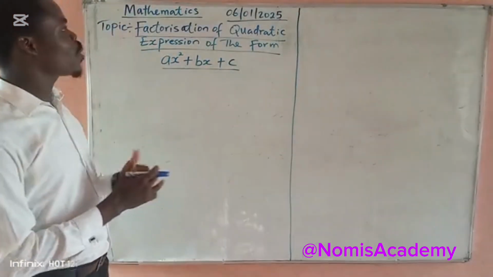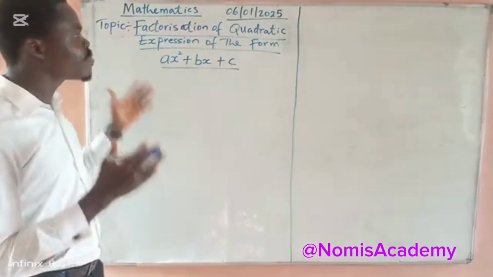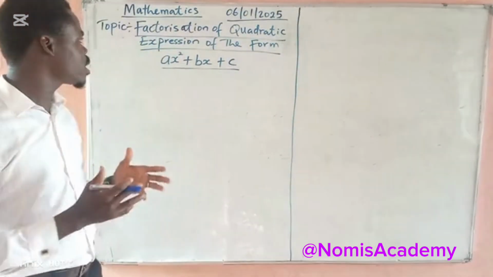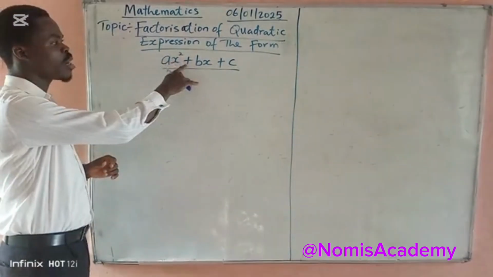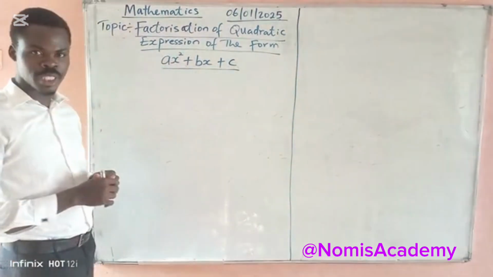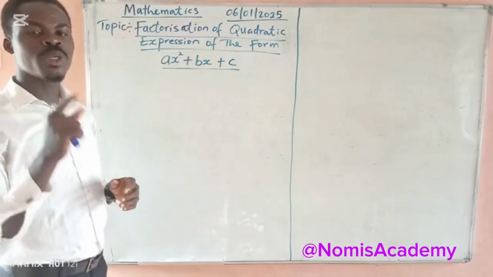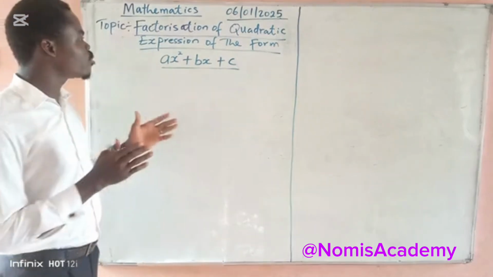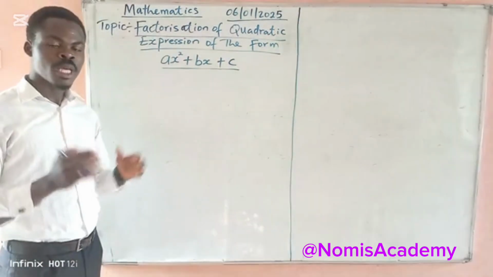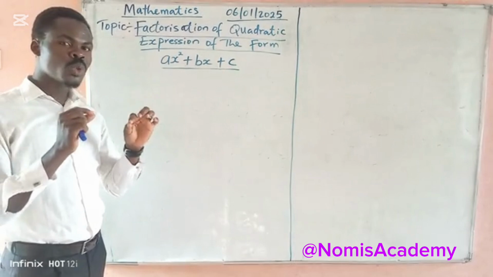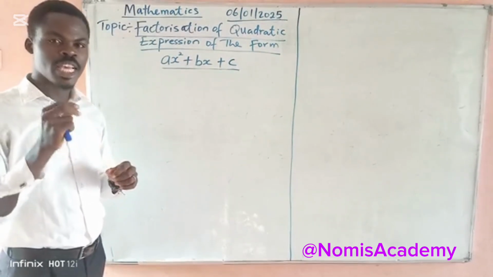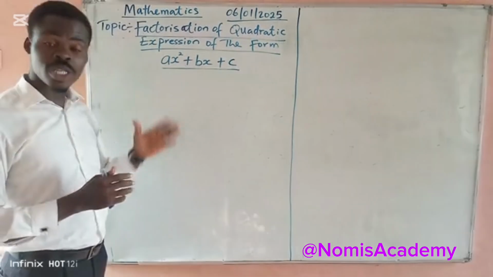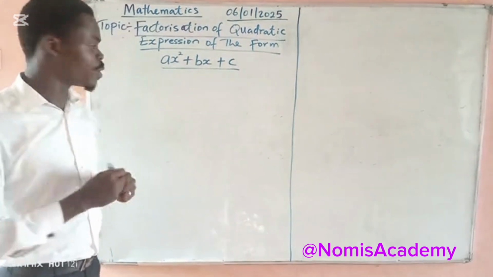Today, the topic we are going to consider is factorization of quadratic expression of the form ax squared plus bx plus c. First and foremost, you would like to know what a quadratic expression is. The product of two linear factors or linear expression is a quadratic expression.